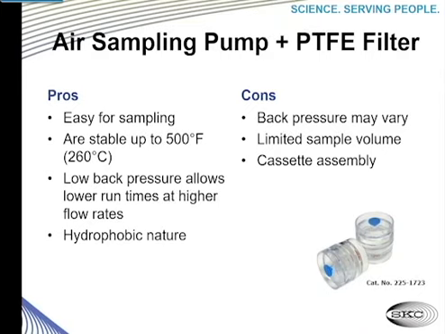Also, if you get the filters and assemble the cassette yourself, you need to make sure that you don't leave leaks or make the cassette too tight, because it can cause either a leakage or too much back pressure. Fortunately, there are preloaded cassettes and you don't need to worry about the assembly. These are ready to go for sampling.